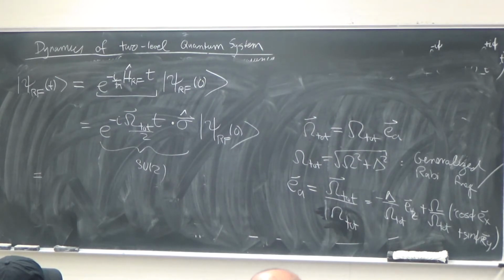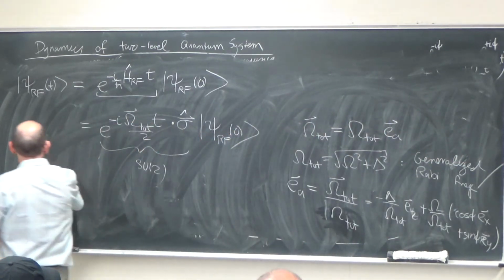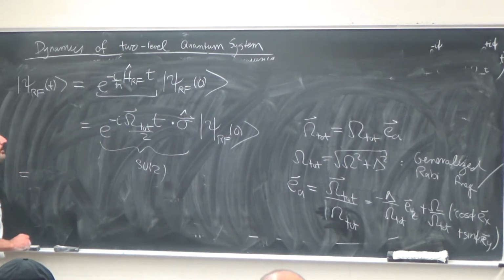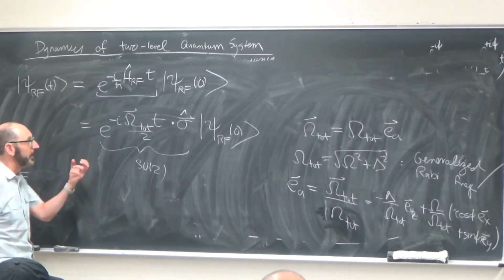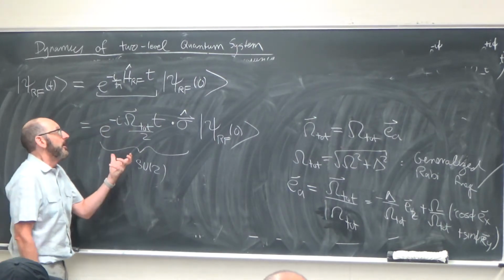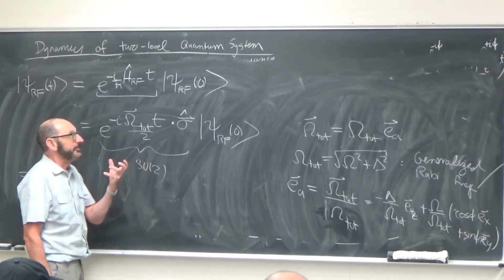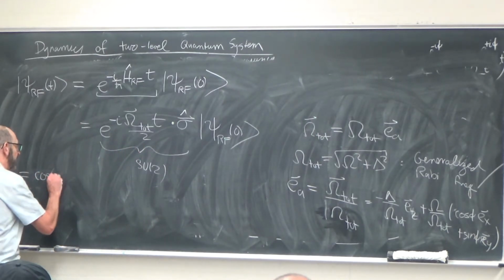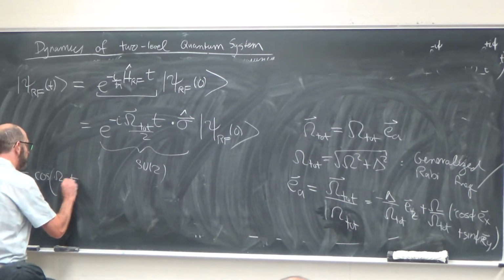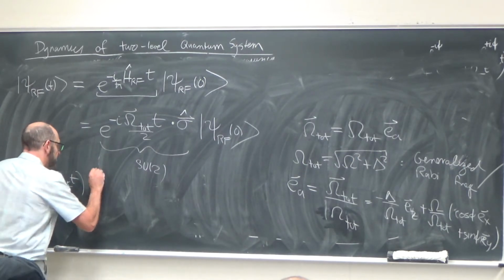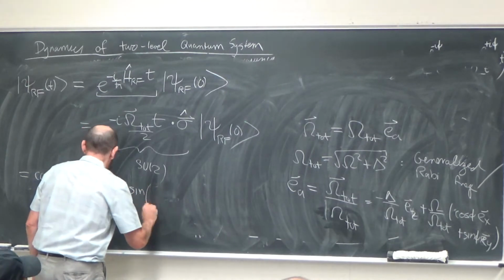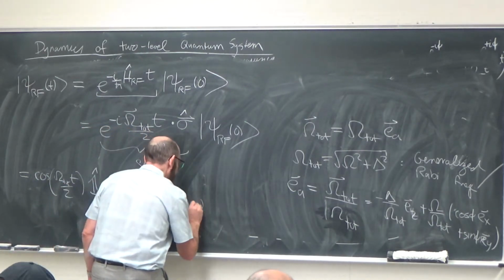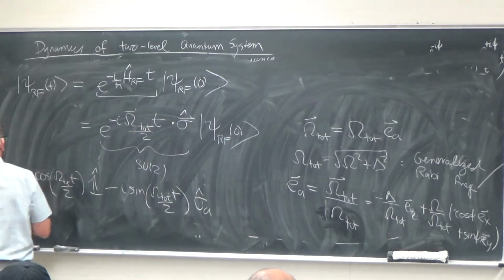So, how do we apply this? Well, we know for any one of these, I can always write this with our famous formula for rotation matrices in 2D. We have the cosine of the angle over 2 times the identity minus i sine of the angle over 2 times the Pauli operator in the direction.